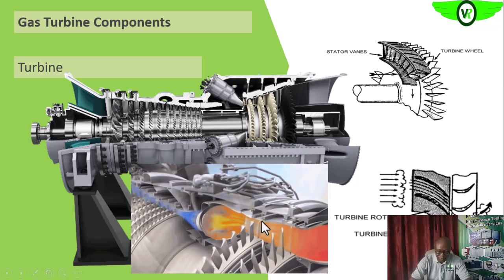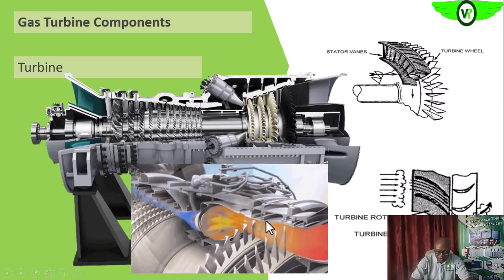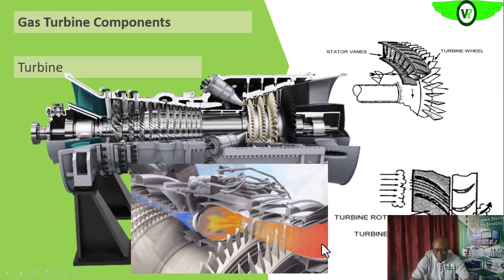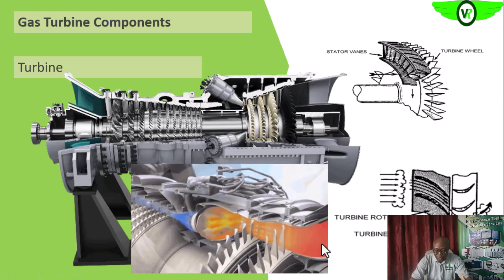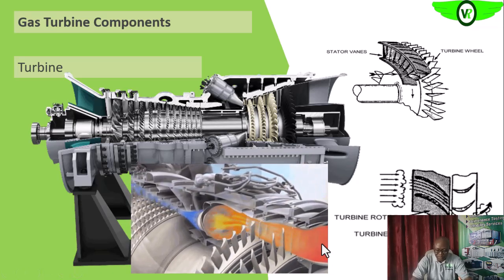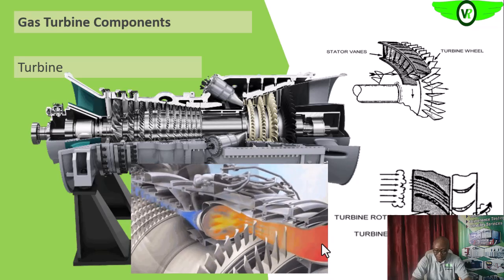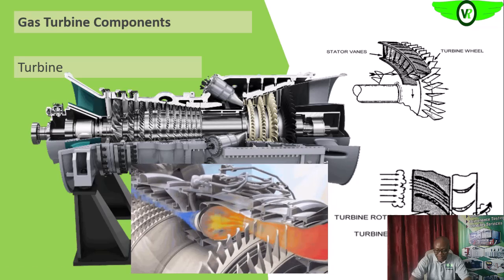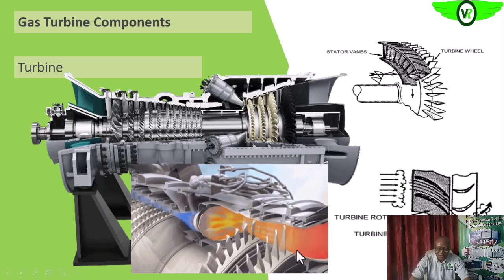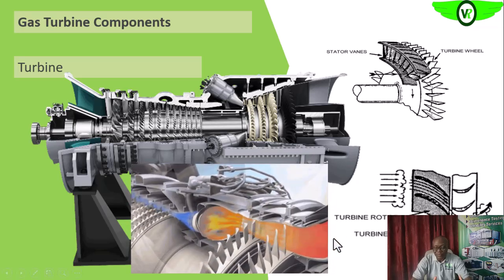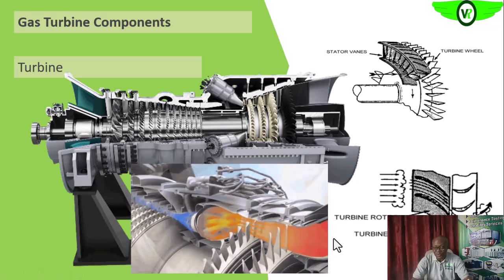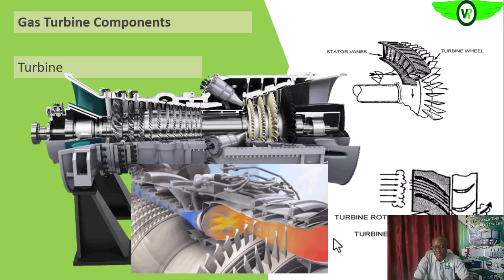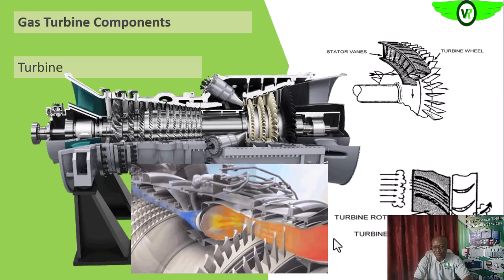The rotation of the blade will cause it to turn in a particular direction. So the weak combustion product, that is the combustion product that you have extracted energy from, will now be exhausted. That also contains some amount of energy that could be used in your energy recovery or heat recovery section.